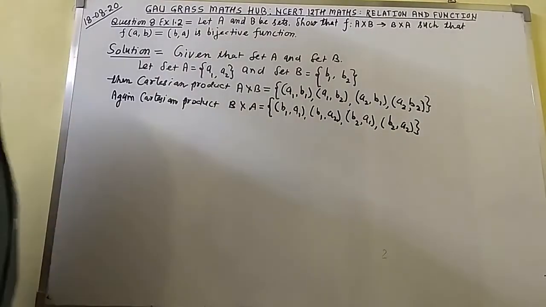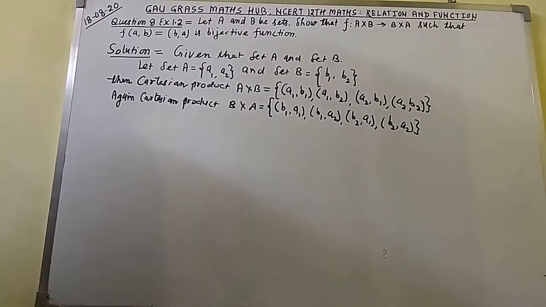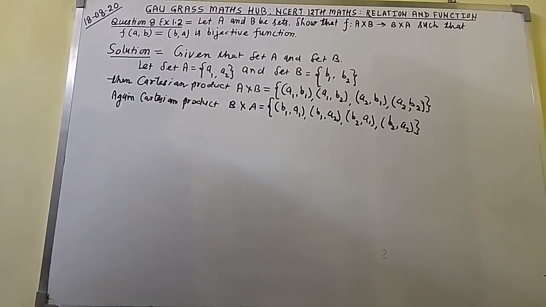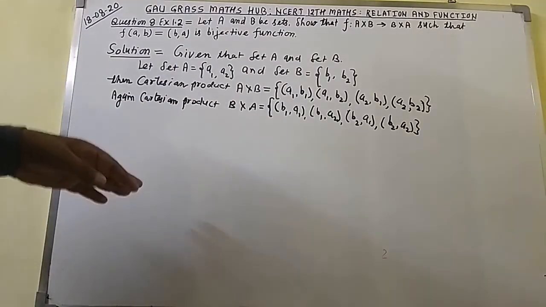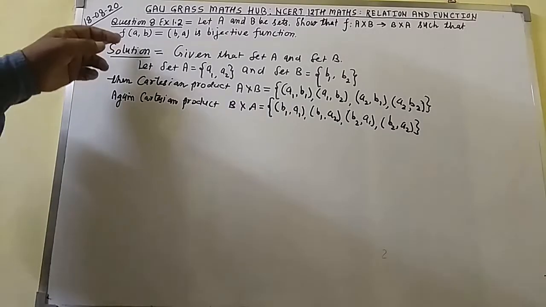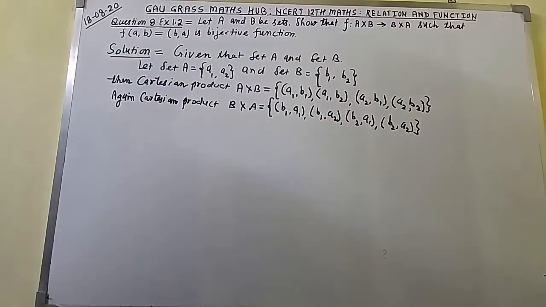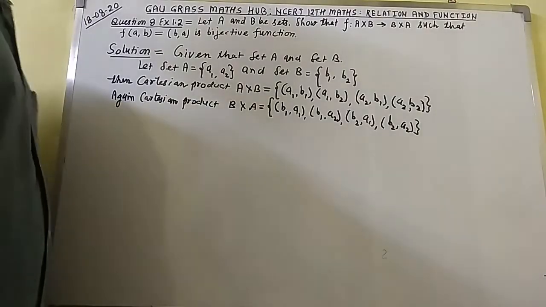Now what will we do next? Next I am going to write about the 1-1 function. Since it is given as a bijective function, we have to show that f(a, b) = (b, a) is a bijective function.